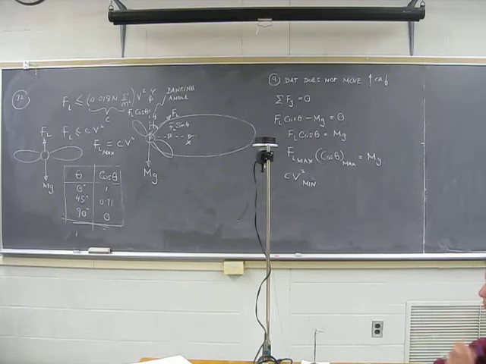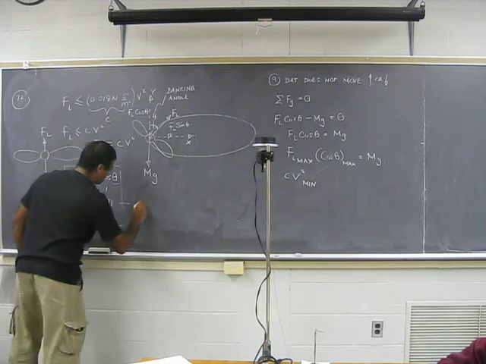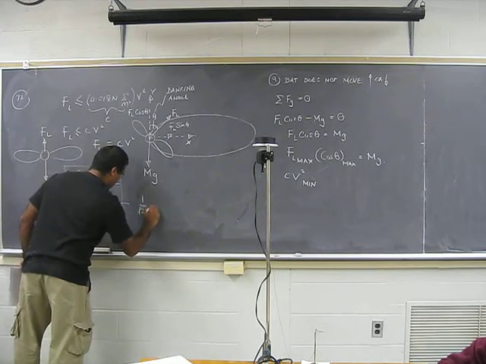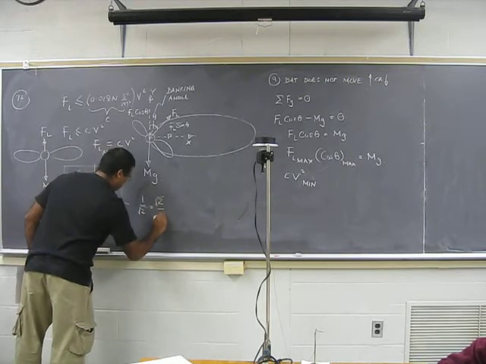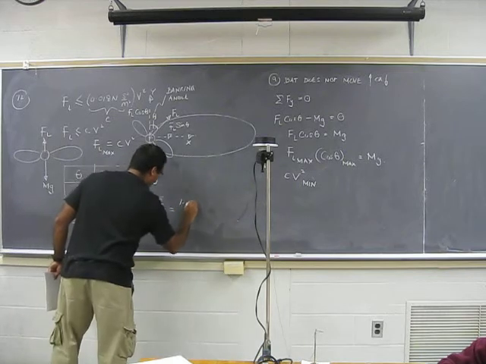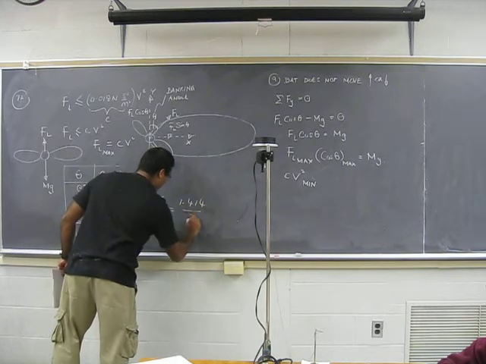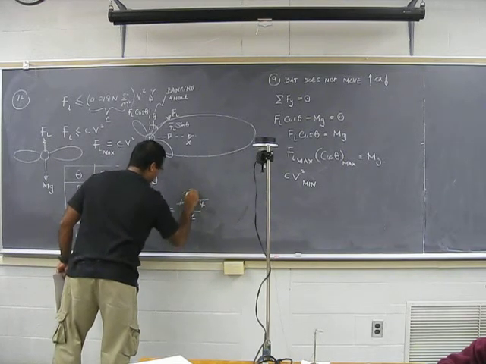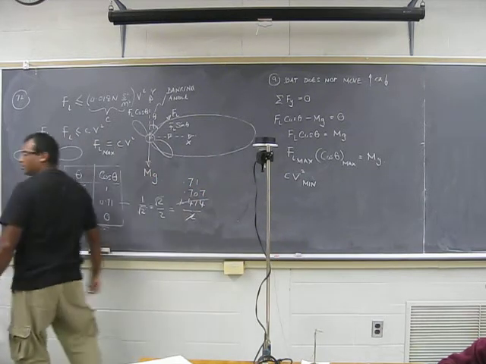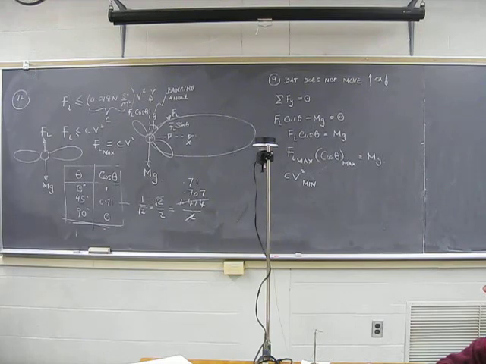Okay? Because this comes to 1 over root 2, that is root 2 divided by 2. That is 1.414 divided by 2. That would give me 0.71. Right?